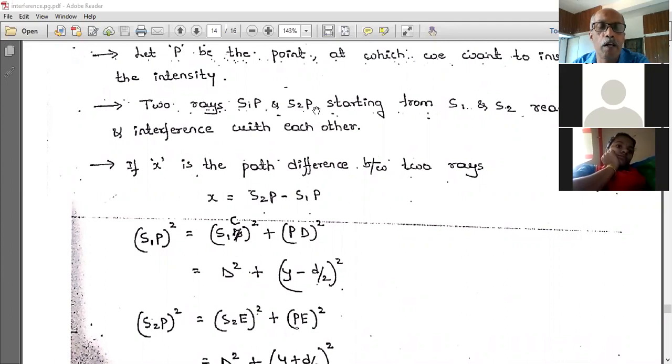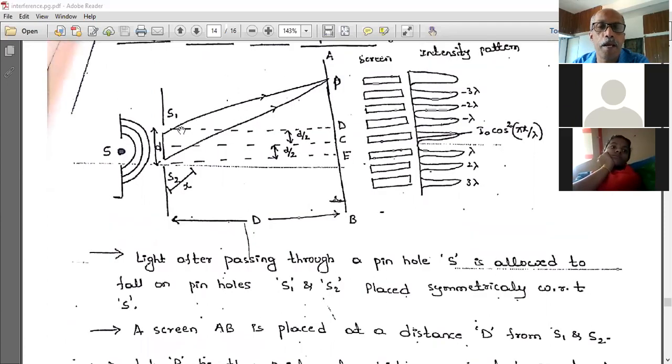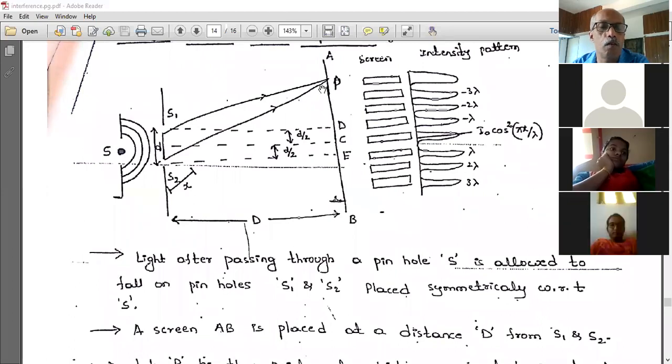Light from S1 and S2 will arrive at point P on the screen AB, and therefore, from the figure, it is clear that S1P is not equal to S2P. It appears that S2P is a little longer than S1P.